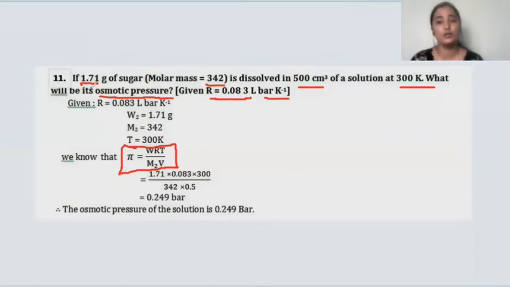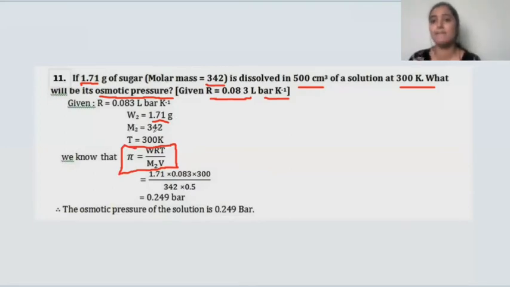They have mentioned the weight of the solute in grams, that is W2 is equal to 1.71 gram. And they also provided the molecular mass of that solute. The molar mass of that solute is 342 gram per mole.